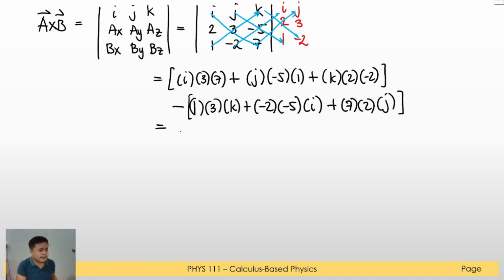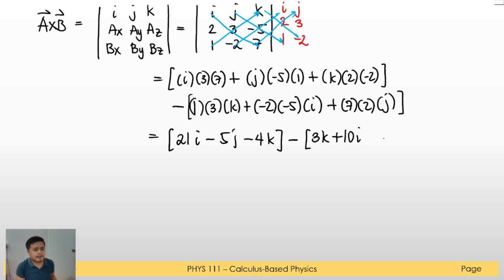Let's simplify everything. We have 21i minus 5j minus 4k, and then minus 3k plus 10i plus 14j.